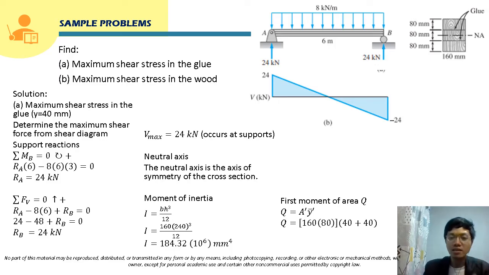Okay, so substitute natin. So, yung area prime natin, yan ay 160 times 80. Okay, and then yung y bar prime natin, class, so yung distance ng neutral axis papunta dun sa glue, 40. Tapos from the glue, papunta dun sa centroid, 40 din, di ba? So, yan ay 40 plus 40. Okay, so therefore, class, yung Q natin ay 1.024 times 10 raised to 6 millimeter cubed.